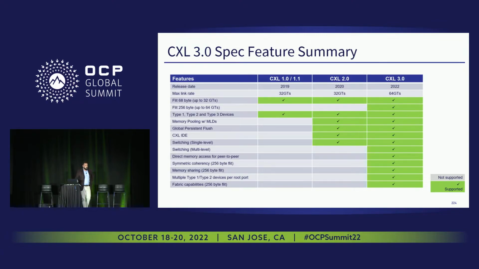The concept of CXL switches was added. And then 3.0, which we just released in August, brought that level of composability to the next level, and added the 256-byte FLIT, which really helps bring some of these additional features along the bottom: the symmetric coherency, the back invalidate that I mentioned, memory sharing, and of course the fabric capabilities.